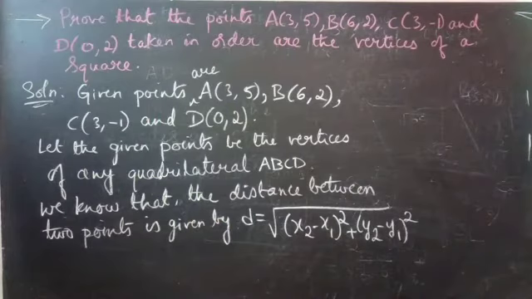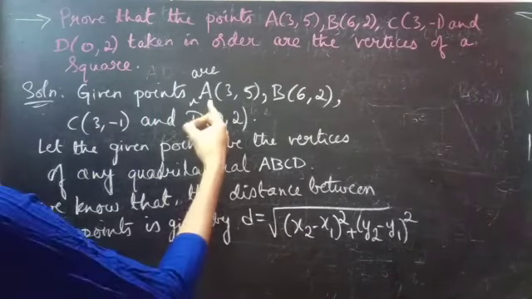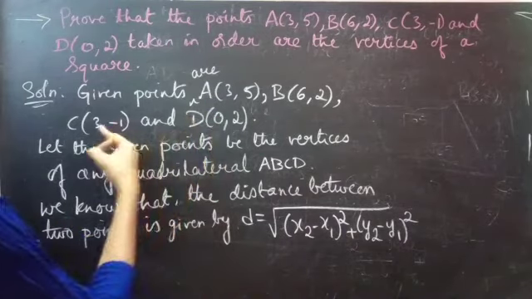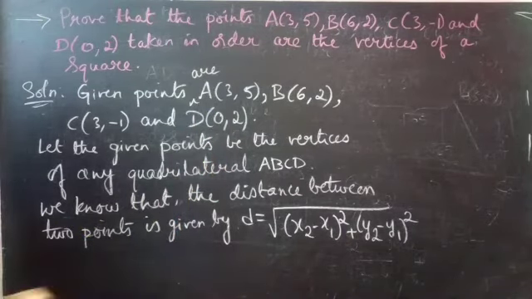Okay. So now we are going to find the distances between AB, BC, CD and AD.